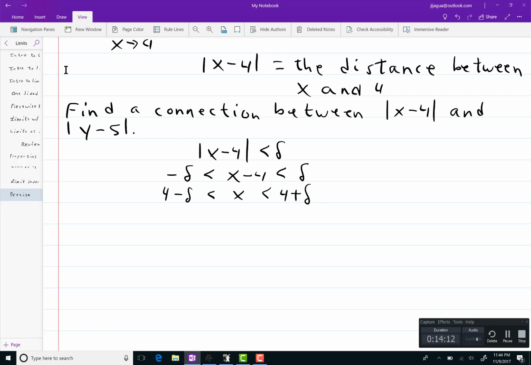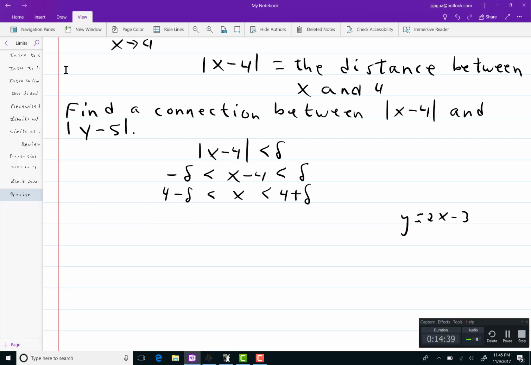I've got to somehow work this into y minus 5. Well, what is y? If you remember, y equals 2x minus 3. So I'm going to multiply everything by 2, because inside here I want to get 2x minus 3.